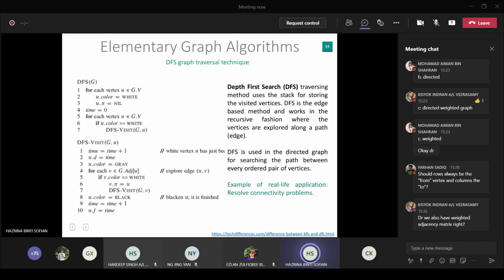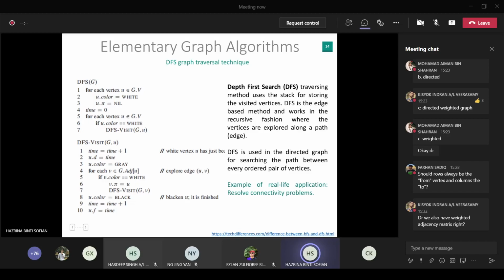So depth first search is a suitable algorithm to resolve connectivity problems, because it makes sure that we get the shortest path.